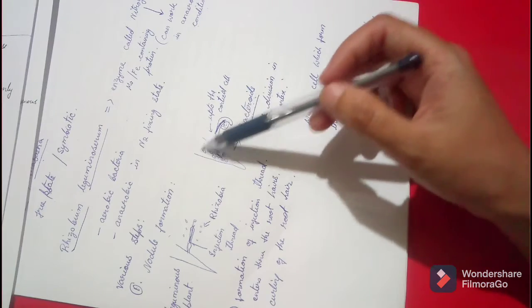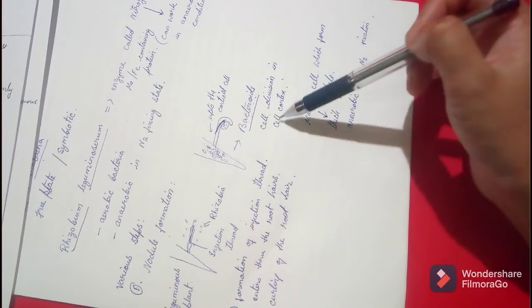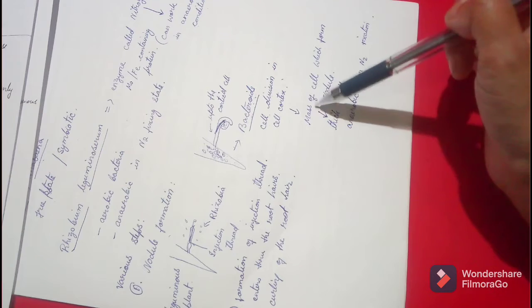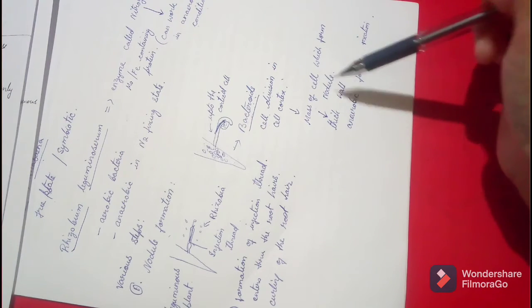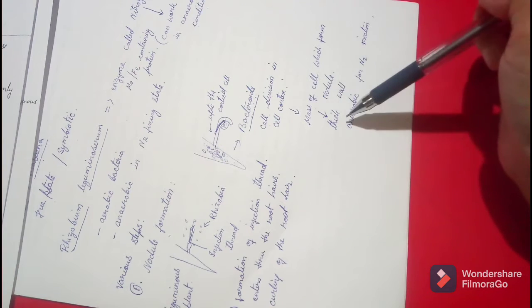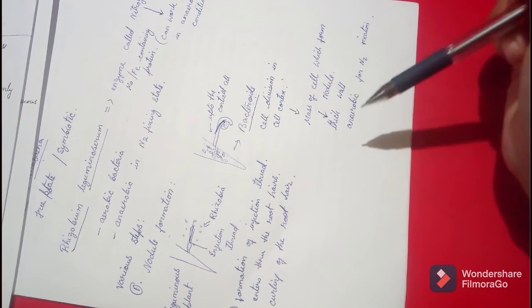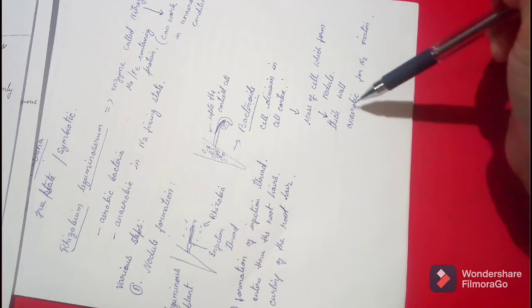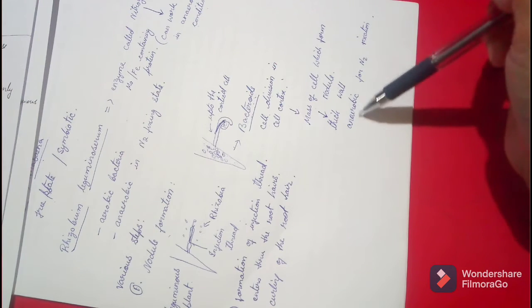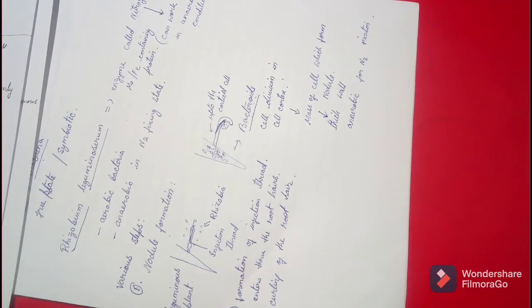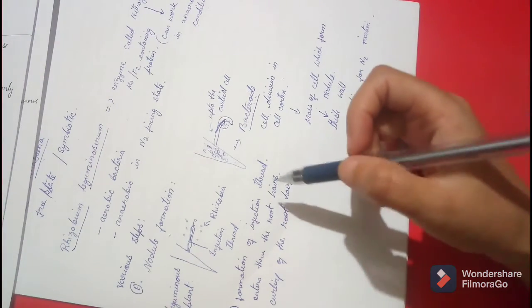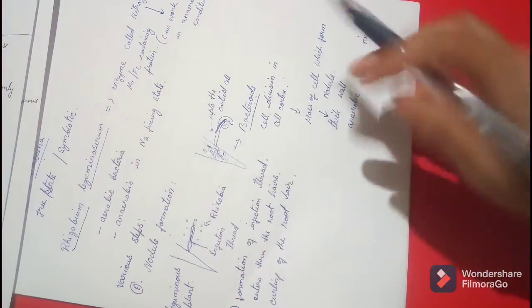Then due to the repeated division of the cell cortex, a mass of cells forms nodules. And these mass of cells have thick walls, where the anaerobic condition is created inside these nodules for nitrogen fixation. So girls, that is the first step, the nodule formation.